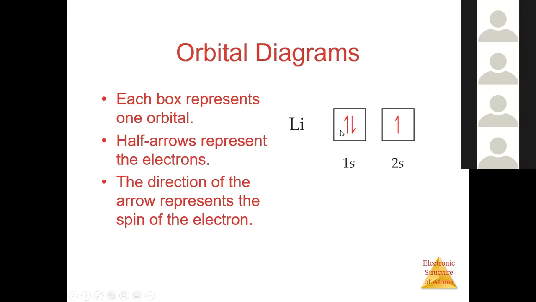So we have to indicate that by putting one of the electrons going up, the other going down. Does that make sense to you? Yeah. So each suborbital is going to get 2 electrons.